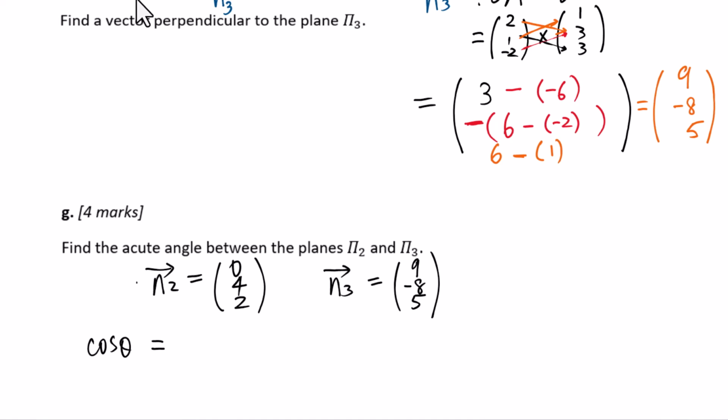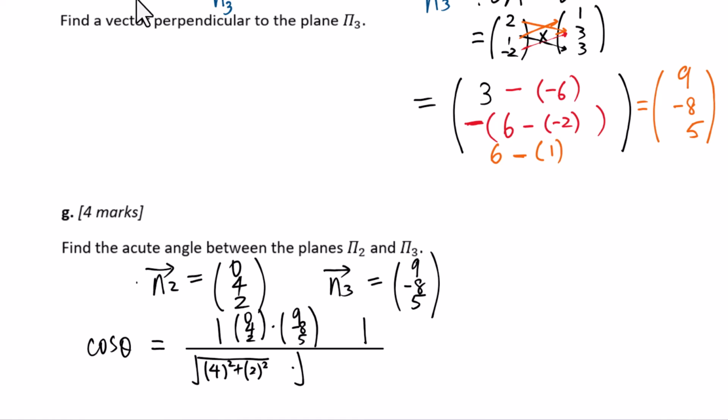So cosine theta equals, for the acute angle, we will put absolute value, (0, 4, 2) dot (9, -8, 5) all over square root of (0 squared plus 4 squared plus 2 squared) times square root of (9 squared plus -8 squared plus 5 squared).